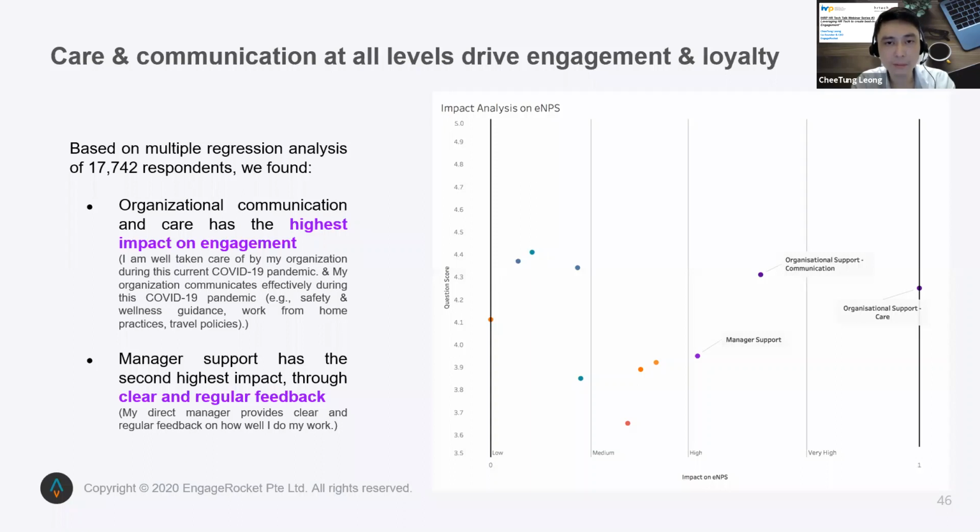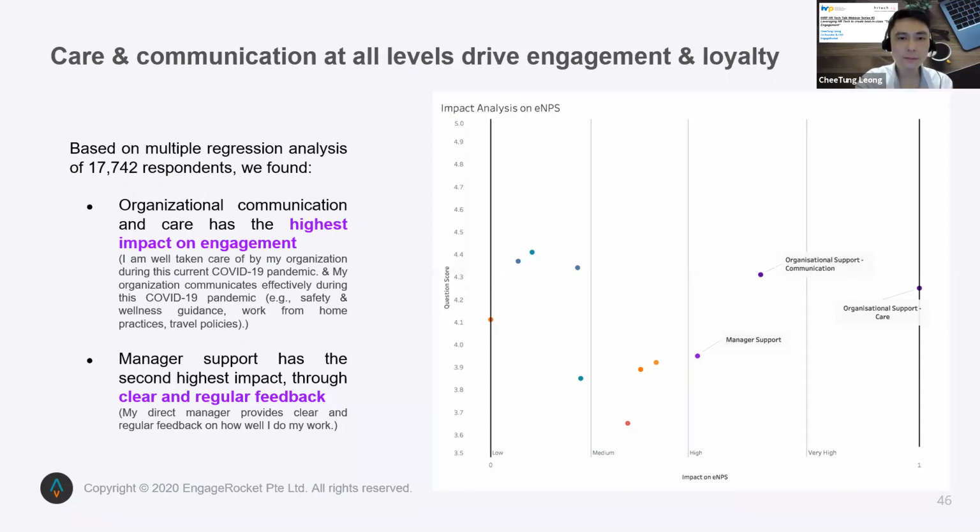It was developed by the global management consulting company, Bain & Co. And it's on a 0 to 10 point scale. It divides your employee population into 3. You have your promoters who are highly engaged, your passives who show up 9 to 6 every day, but don't necessarily go the extra mile, and your detractors who are quite unhappy about where they are working.